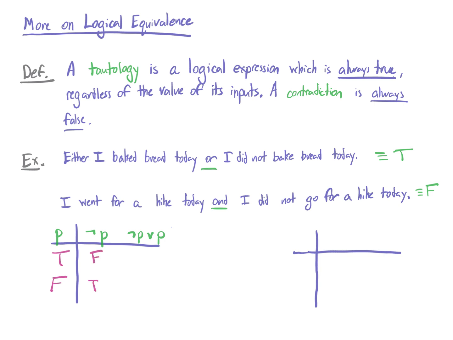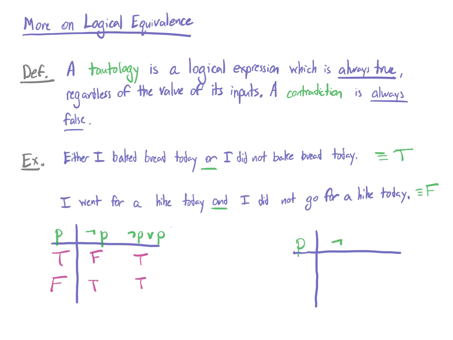And then when I compute not P or P, what I need for that to be true is for either of my two inputs to be true. And guess what? In every row of my truth table, exactly one of my two inputs is true. And so I get all truths in the final column of this truth table.